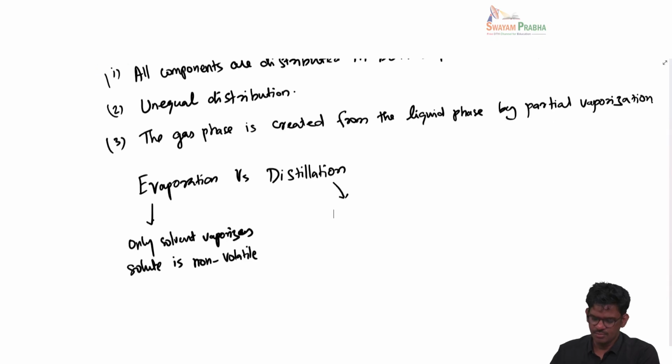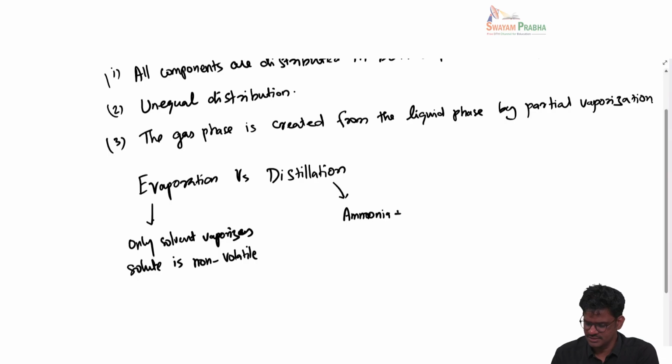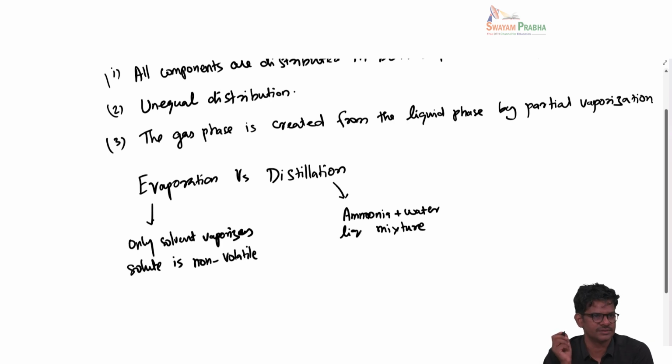I have already mentioned an example of a distillation in the introductory class, but again, suppose you consider an ammonia water solution, okay, ammonia plus water mixture. Okay, I am talking about a liquid mixture at a certain composition. So, let us say you do a partial vaporization.